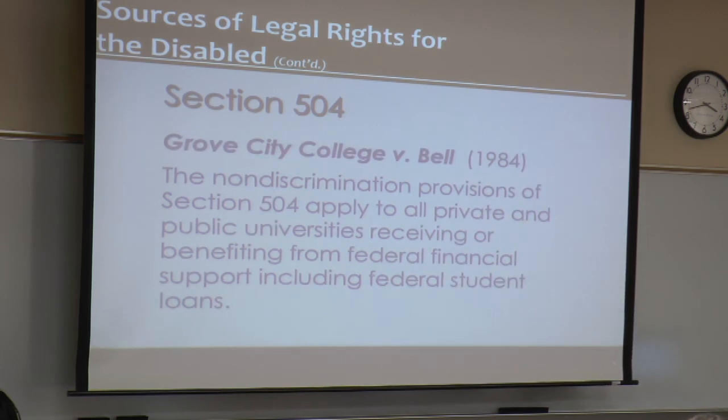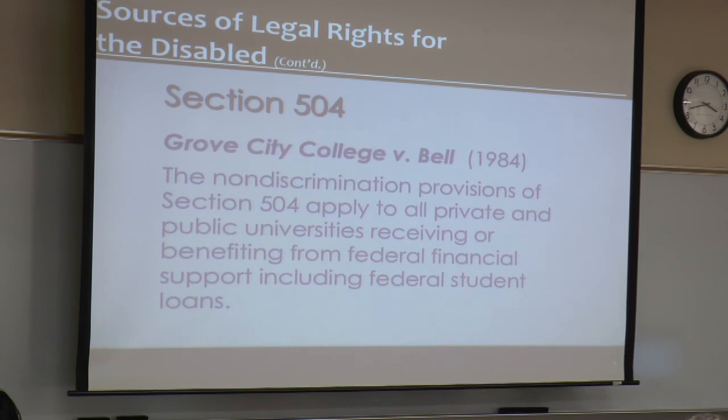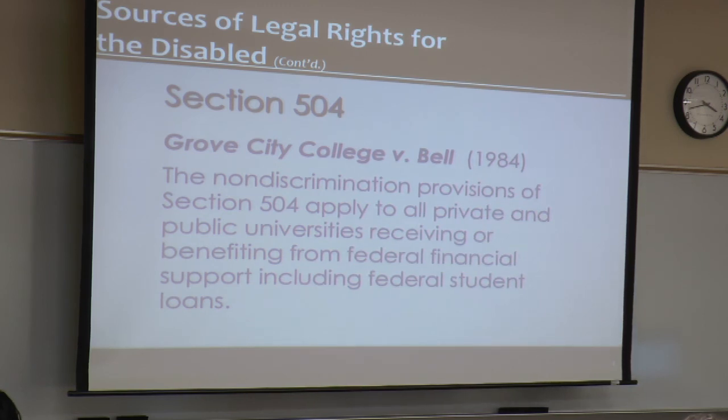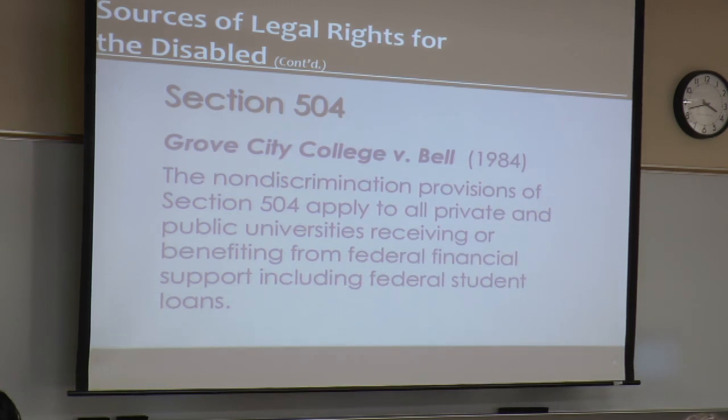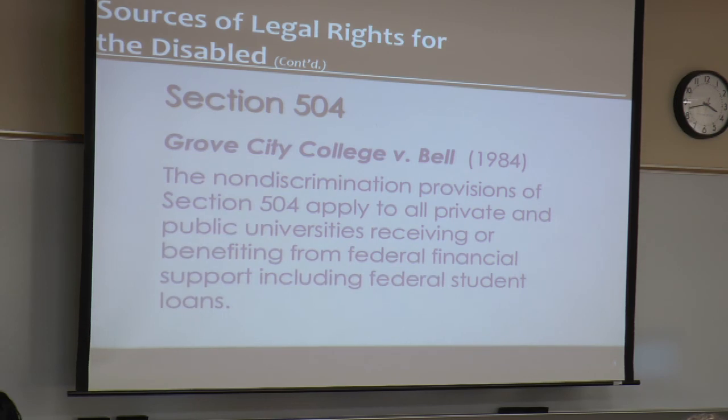There was a case about a decade after the law was passed that specifically said that includes any entity that receives federal financial support, including federal student loans. And so it's very broad. Almost every private and public institution is covered by Section 504.